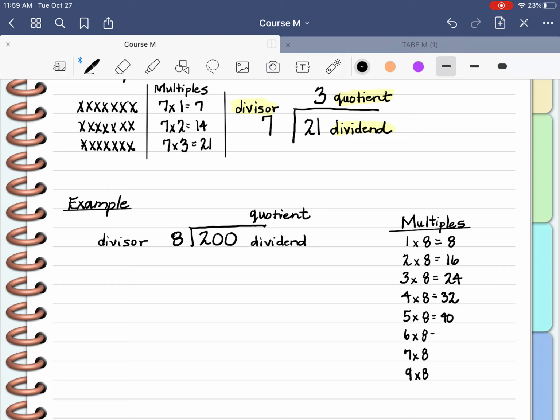It's probably more than we need, but it's okay. And I just completely forgot about 8. I thought I'm jumping ahead a little ways. We forgot about 8 times 8, which is 64. And then 9 times 8 is 72.